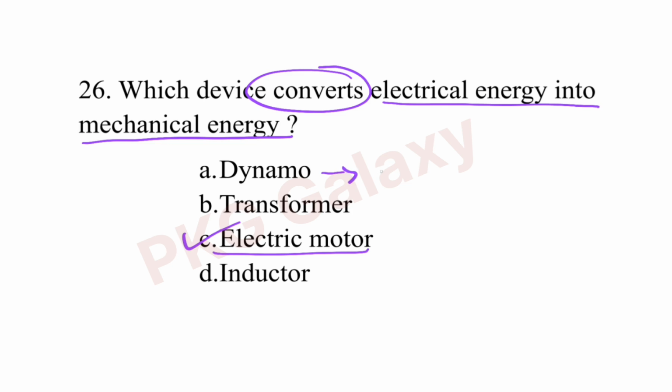And the dynamo converts the mechanical energy into electrical energy. And the transformers are used in the electric circuits to change the voltage of electricity flowing in the circuit.